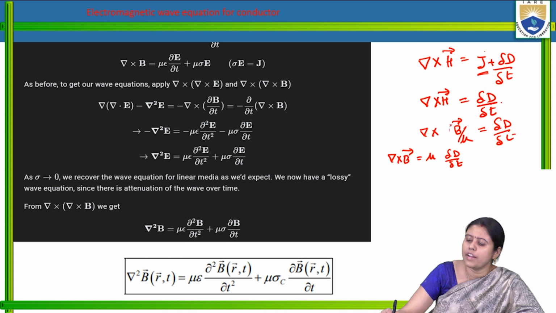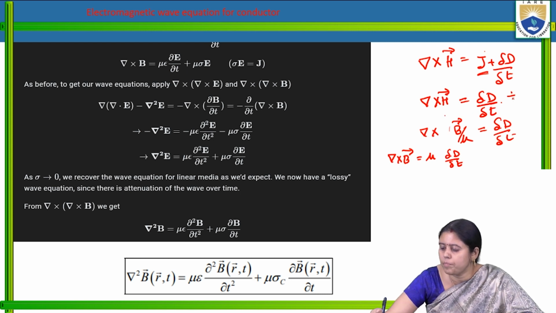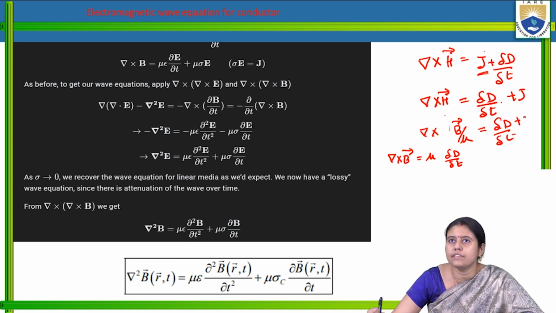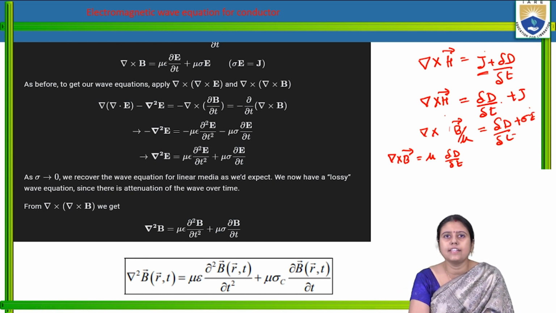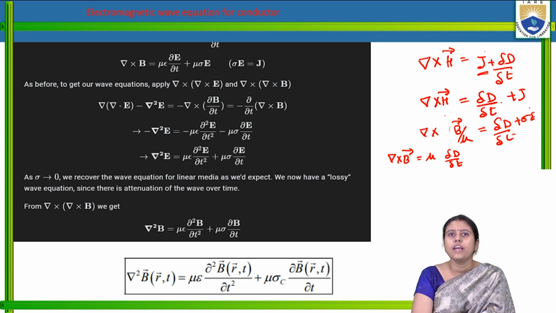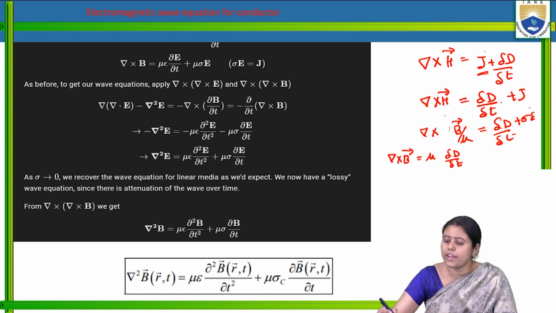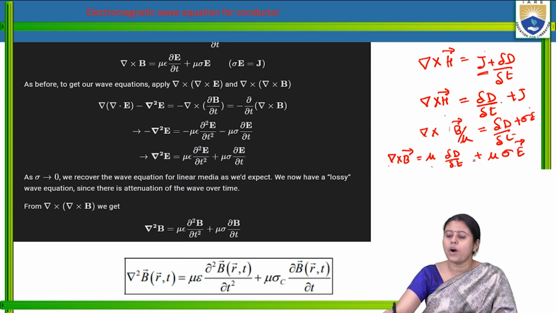Now curl H is equal to plus J, and J is nothing but sigma into E. In unit 2, we already discussed that for a conductor the current density J is equal to sigma into E. So we can write curl B is equal to mu del D by del t plus mu sigma into E. What is D?